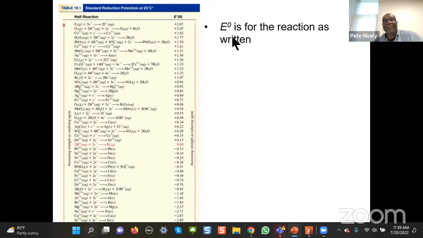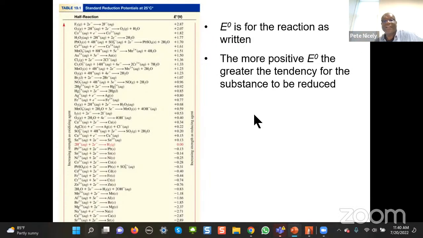The first of which is that the standard reduction potential is for the reaction as written as a reduction, right? So all these reactions here and the ones that I have shown you in the tables located in Canvas, if you look at all the half reactions, they are written as reduction reactions, all right? And the corresponding reduction potentials are provided for that.